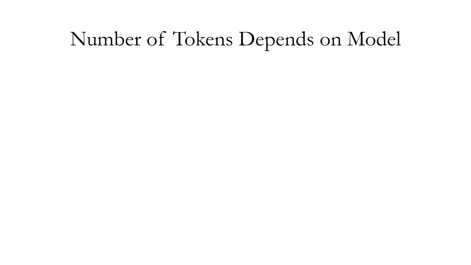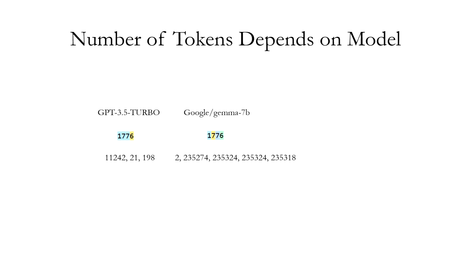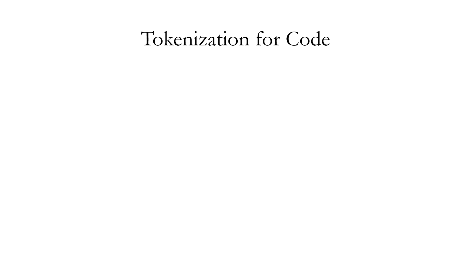So I said this earlier, the number of tokens depends on the model. We've got GPT-3.5 Turbo that's got 3 tokens for 1776, Google Gemma 7B, it's got 5, and then GPT-2, which has 2. I'm going to give an example now also for tokenization for code.